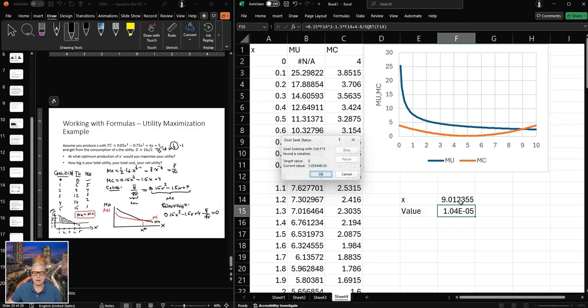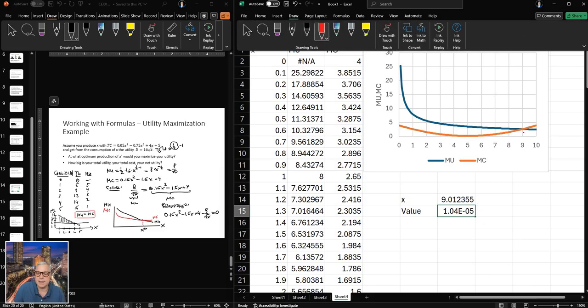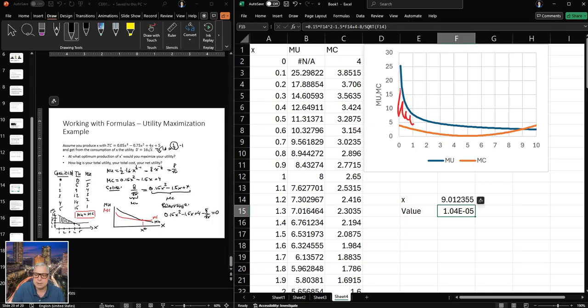Okay, so now this is the optimum, and it is an optimum because at the value of 9 we essentially maximize our total surplus from consumption, the extra utility over the extra cost, by looking at this area here. So this is our net utility. And of course that could also be calculated by looking at the total cost.